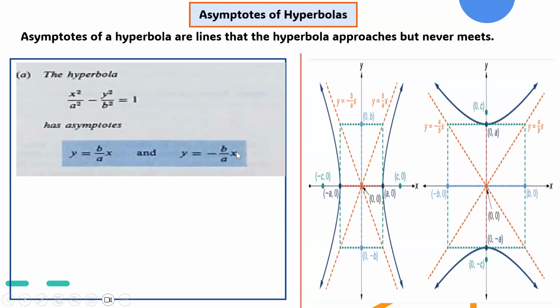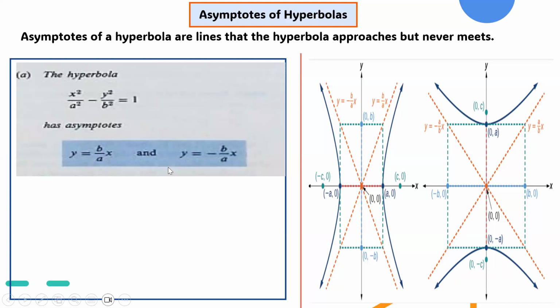Remember, Miss was explaining at first that to determine whether the hyperbola will be horizontal or vertical, we look at where our minus sign lies.